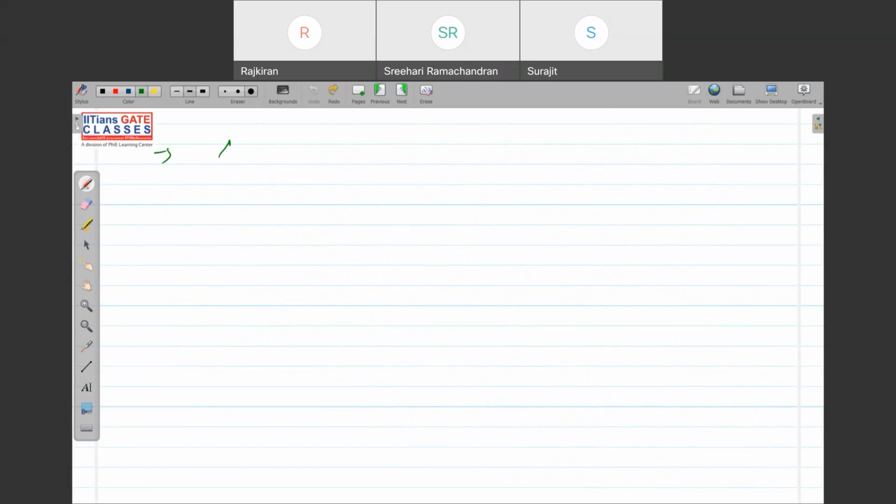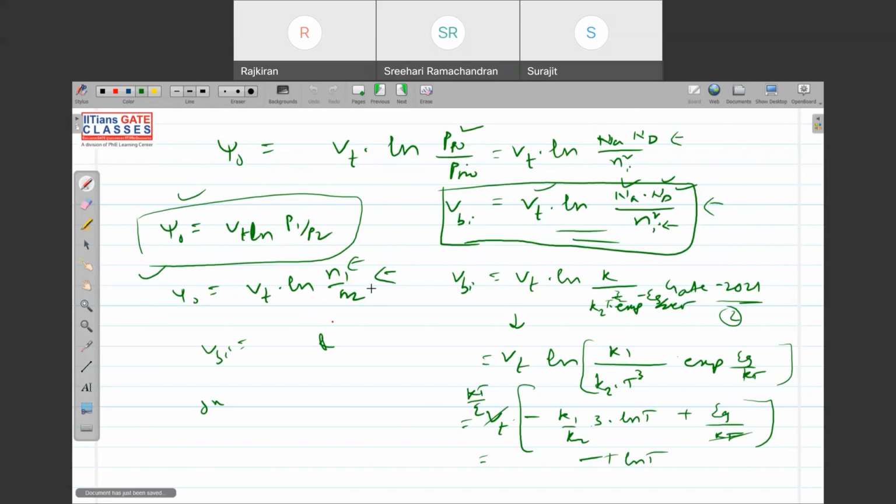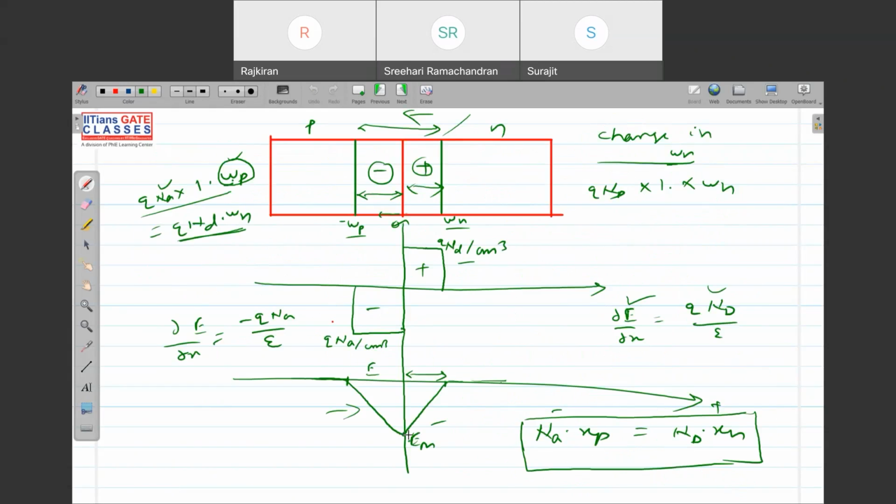So the area under the electric field is equal to the potential. Here you see this is Em. So what is the area? This is the diffusion width xd.